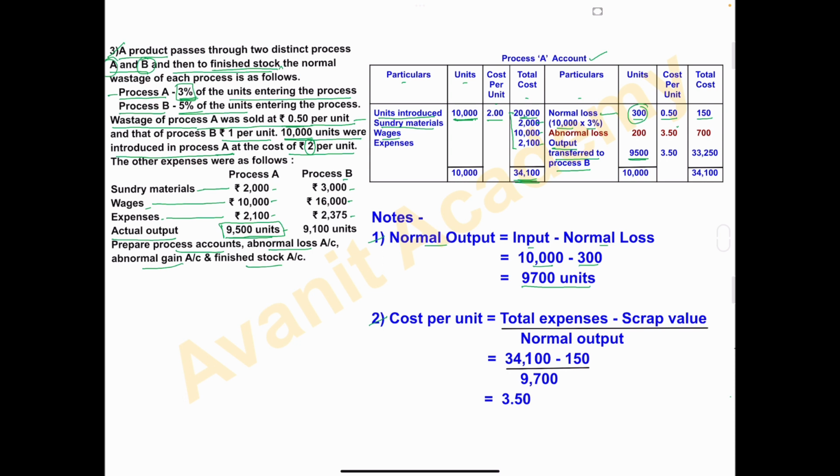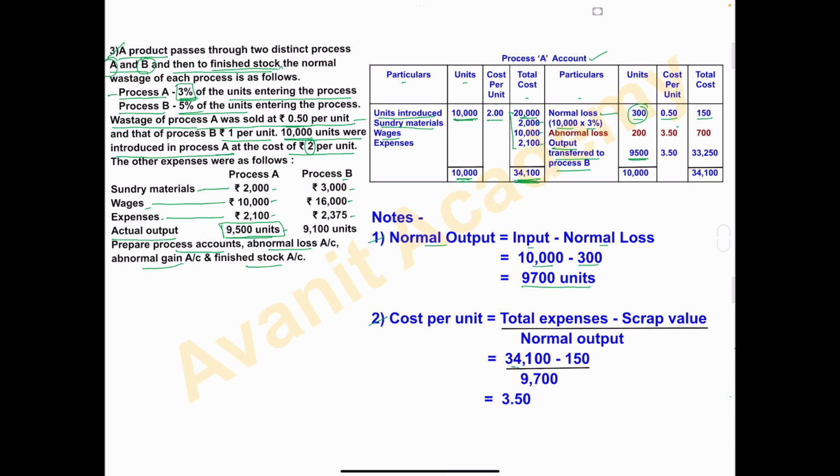Add this unit column also, 10,000. Okay, clear this debit side. Total unit is 10,000 and total cost column amount total is 34,100. This is the total expenses. So this 34,100 we'll write here in note number 2.